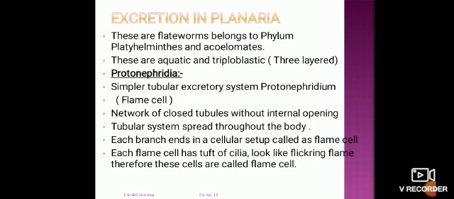The flame cell has a tuft of cilia. The cilia are minute hair-like structures and look like a flickering flame. Therefore, these cells are called the flame cell. The movement of these cilia is just like the flame.